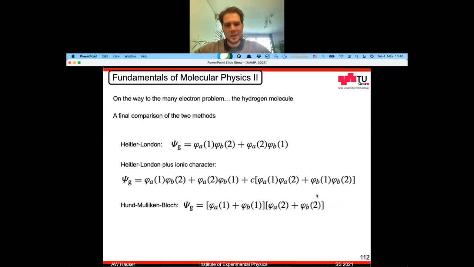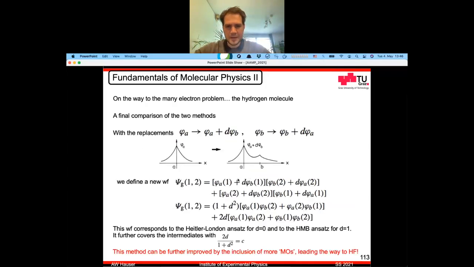So if D is equal to 1, then we make a full mixing and we say the orbitals are a mix of A and B. Okay, so you can see that you can switch basically between these two extremes of having no mixing at all and the full mixing, 50-50 mixing of A and B, to lead to either the Heitler-London ansatz or Hund-Mulliken-Bloch.